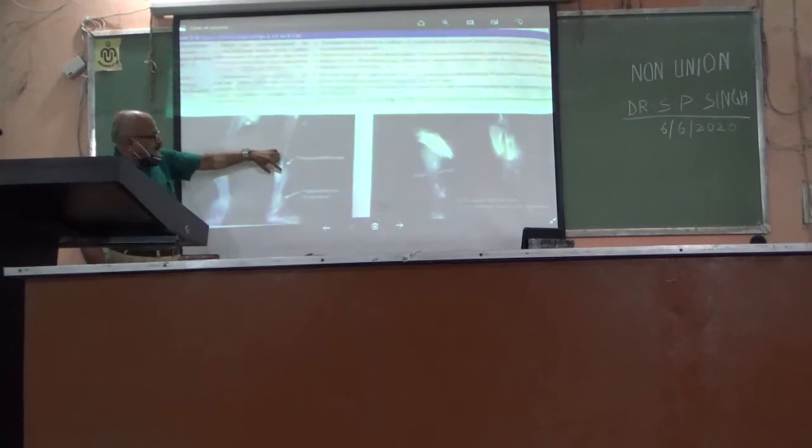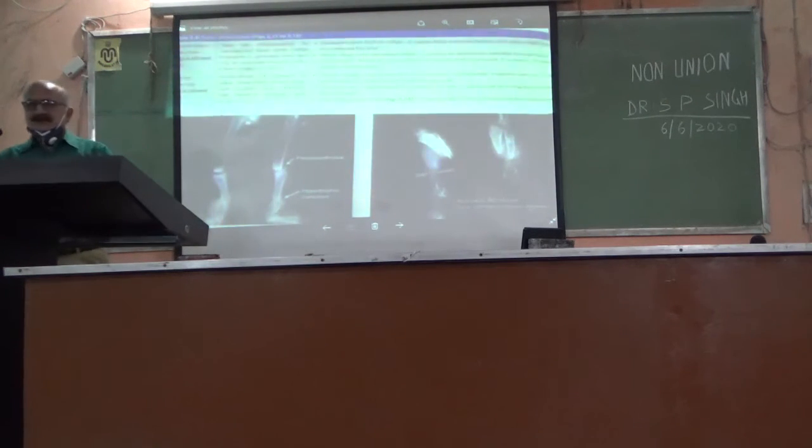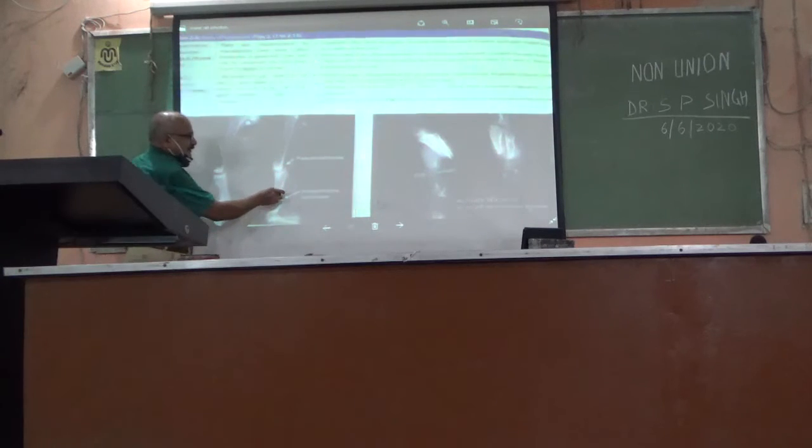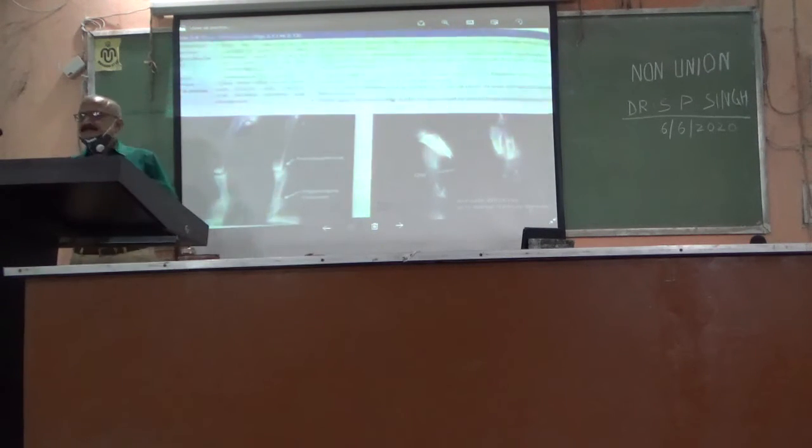This is what you are seeing as broad fracture ends. In atrophic non-union, the bones will be gradually tapering, and this also bone will be tapering.